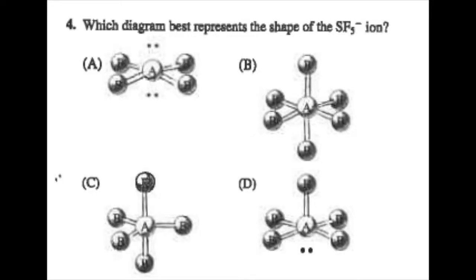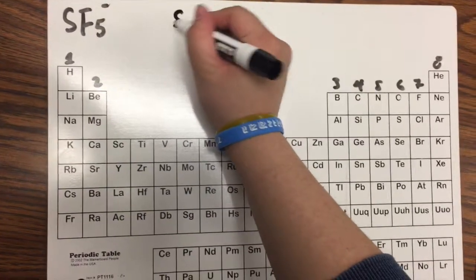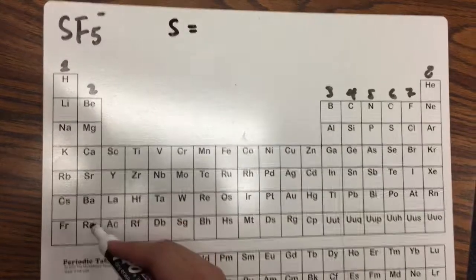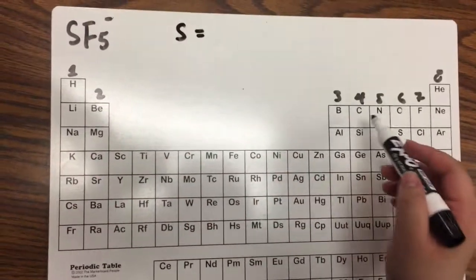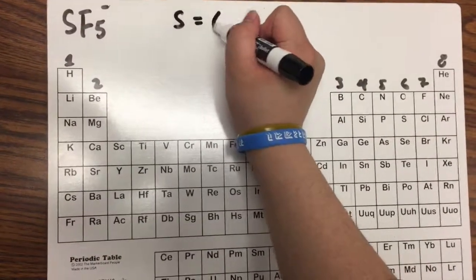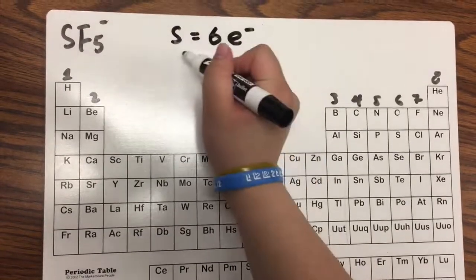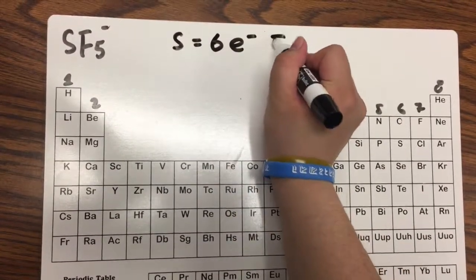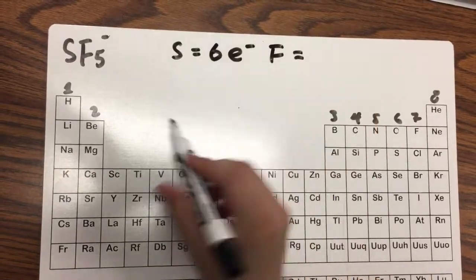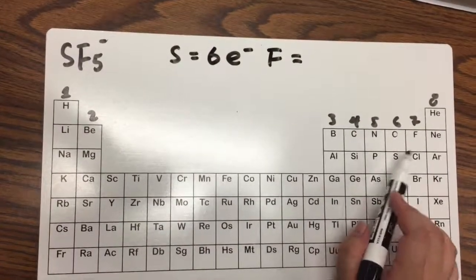Which diagram best represents the shape of the SF5- ion? In this ion, there are 2 elements showed up, so we need to count the valence electrons of sulfur first, which is 6, and then we need to count the valence electrons for fluorine, which is 7.